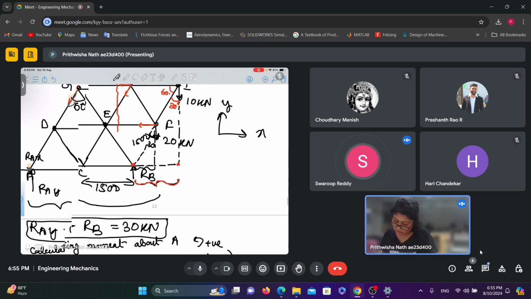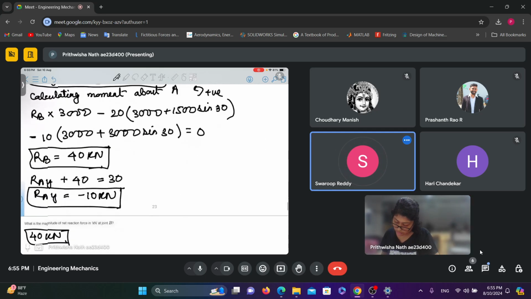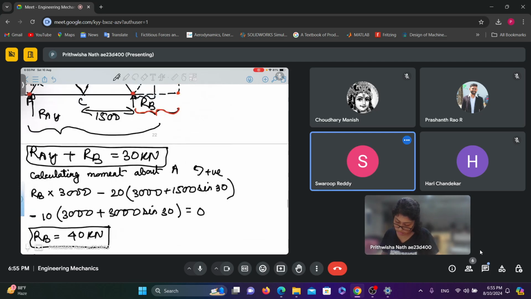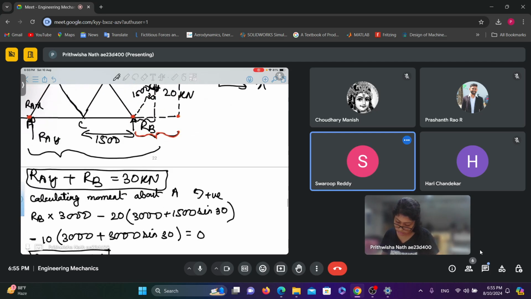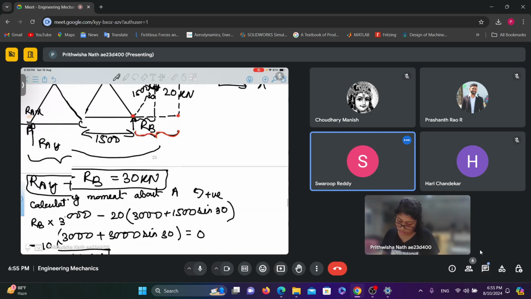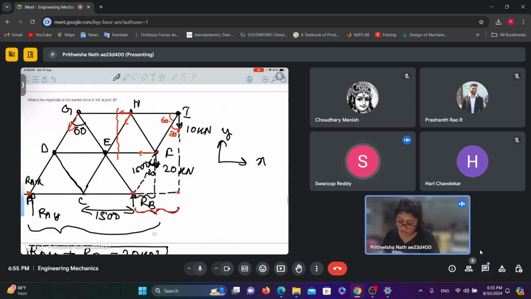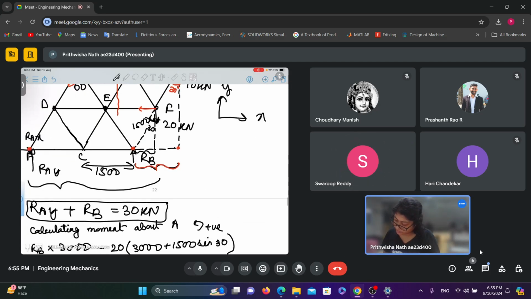RAX has to be 0, right? If I consider the truss as a whole, RAX is 0.